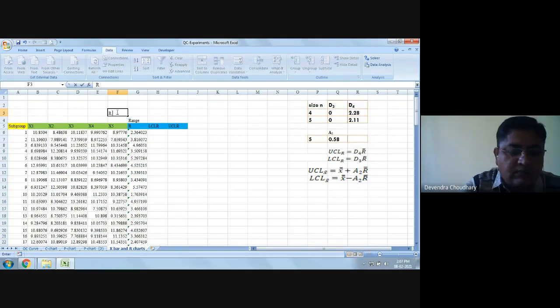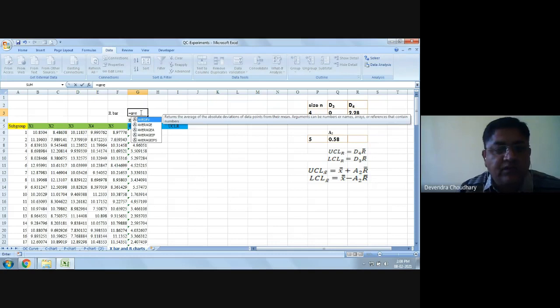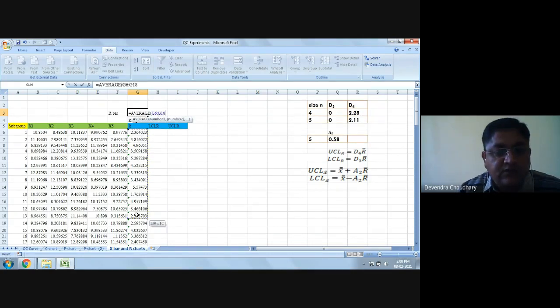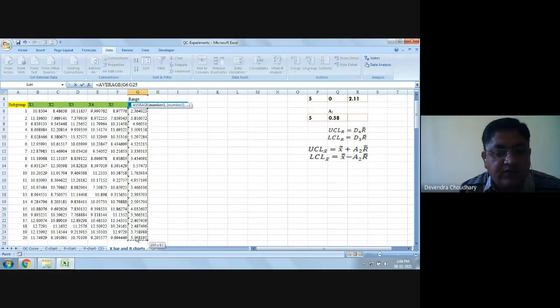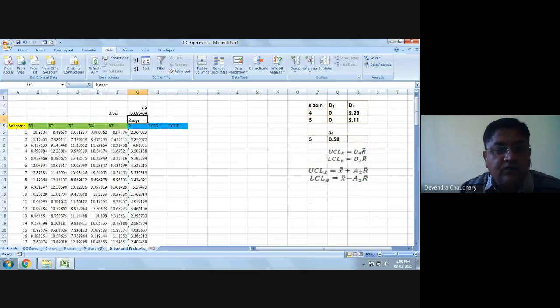R bar value is the average of all these 20 R values, and it comes out 3.68. Clear? So this is the R bar value.